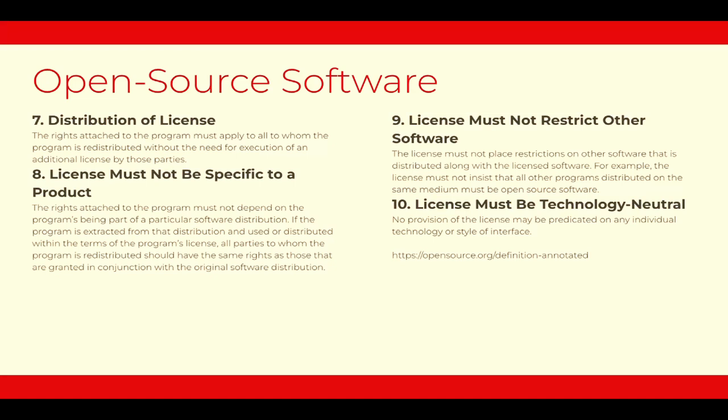If I deliver a piece of software with an open source license to you on the same disk as a piece of software without an open source license, that's okay. They can live together, peace, harmony, everybody get along. And technology neutral, it doesn't matter what chip you're running on, or individual technology or style of interface.